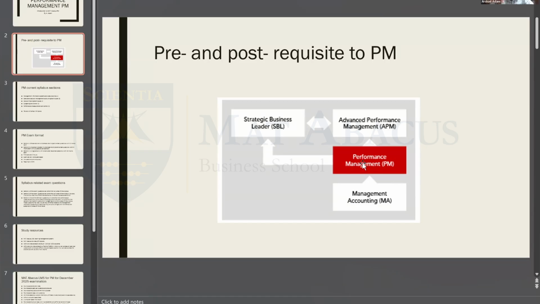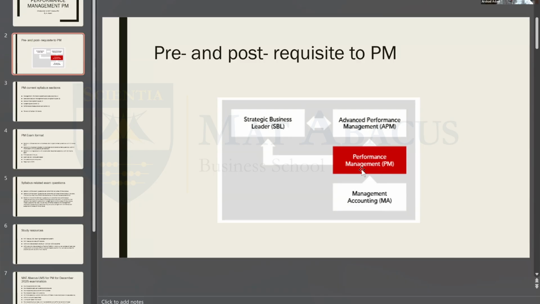Now, if you're doing it at the beginning of your ACCA studies or immediately after management accounting, it's very good, because then you will probably remember all your management accounting, or what you studied in your university degree that gave you exemption. And so you'll be able to do it well.